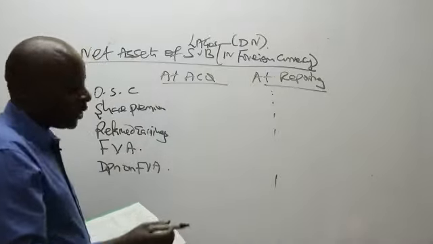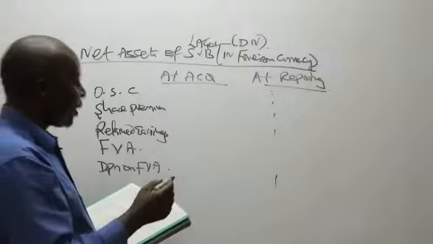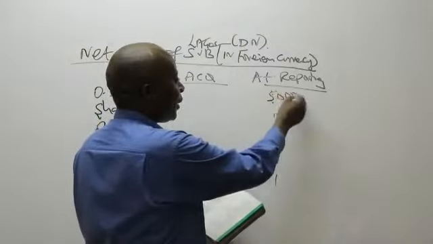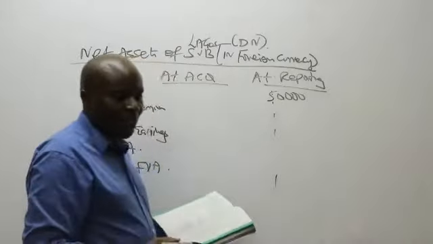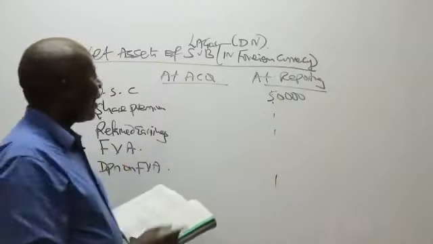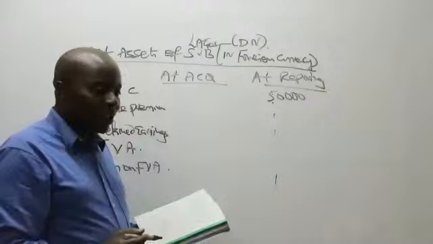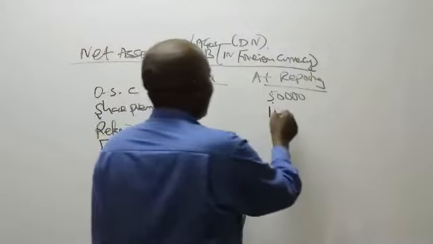Ordinary share capital for the company called Lagos, at reporting is how much? Is there anybody who is able to see 50,000? How about share premium? How much do you see for Lagos? Thank you, Meshach. 10,000.